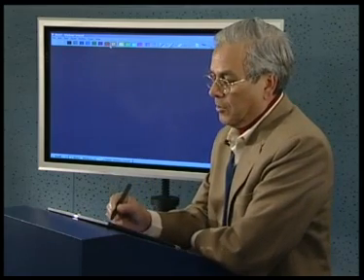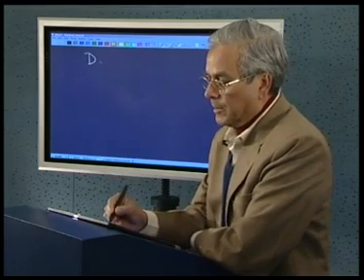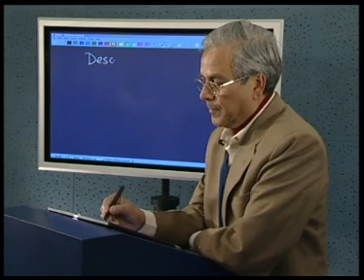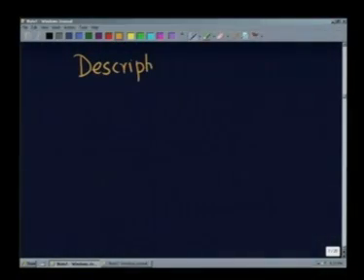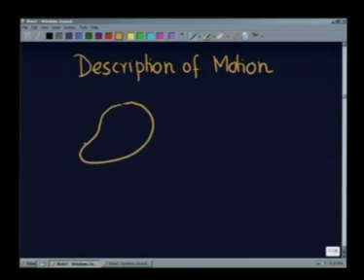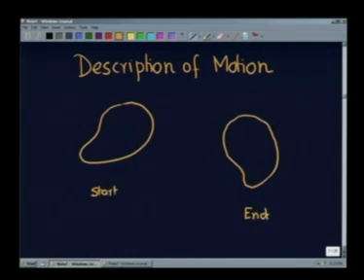So, the next thing we will study in a little depth is this: one object is here and after some time I find it has gone here. So, this is the start and this is the end or finish. How to describe the motion of this rigid body?